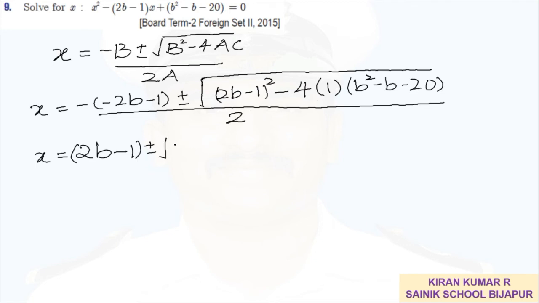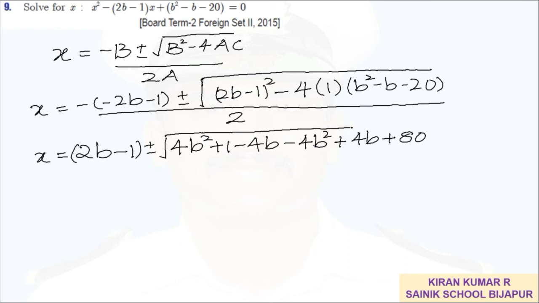Let me expand. This will become 4b square plus 1 minus 4b. Here minus 4 should be multiplied: minus 4b square, minus of minus is plus 4b, minus of minus is plus 80. Divided by 2.